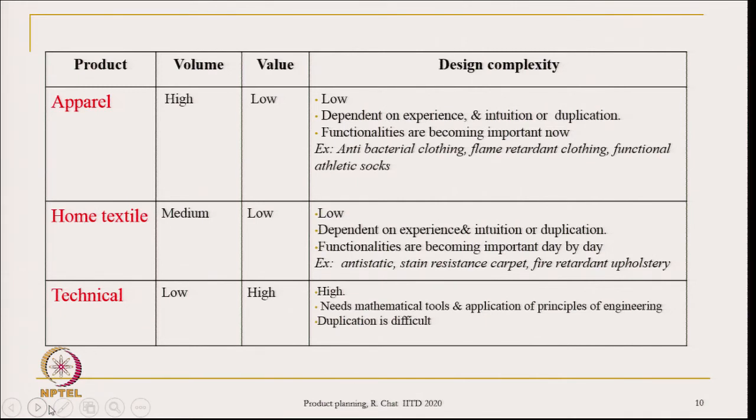This is where designing wise they are very complex. We need to use mathematical tools and we have to use the various principles of engineering here to make very efficient technical textile products, and here duplication is difficult, they are not easy to copy.